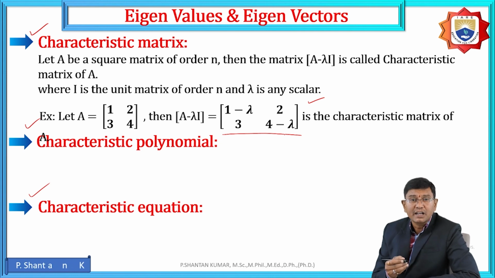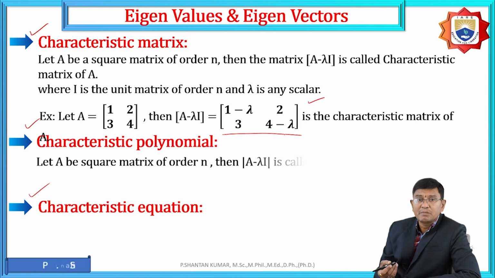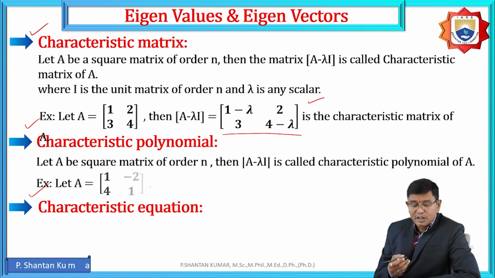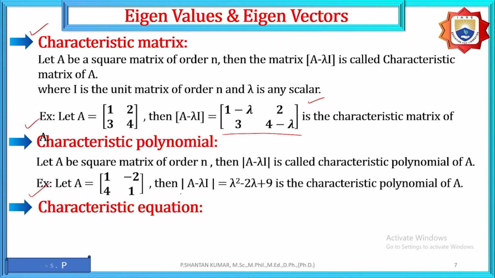Further, for the characteristic polynomial, with the given matrix, lambda and identity matrix, we find the determinant of A minus lambda I, that is 1 minus lambda, 2, 4, 1 minus lambda, and we need to find the determinant of this matrix.